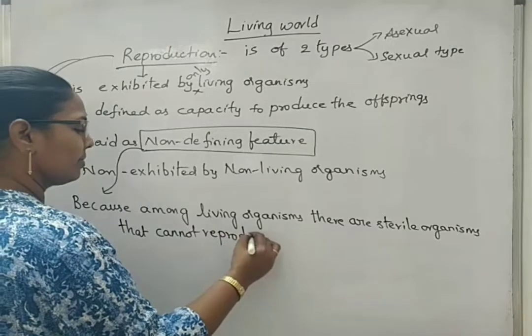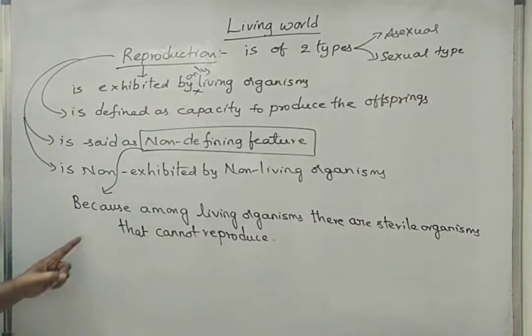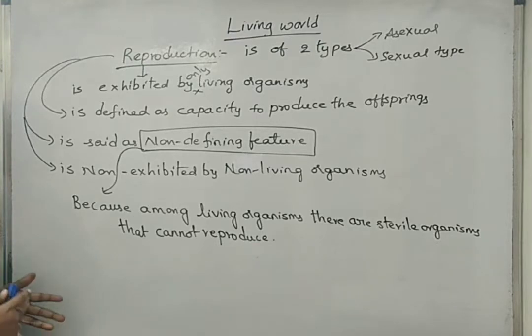So that reproduction is also termed as non-defining feature. This is about two different types of characters, that is characteristic features, that is growth and reproduction.